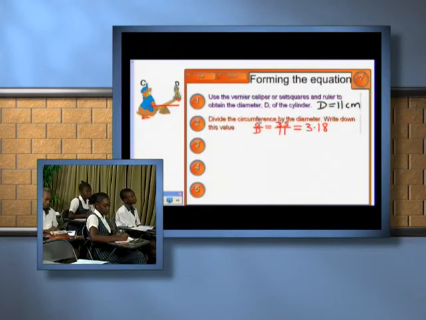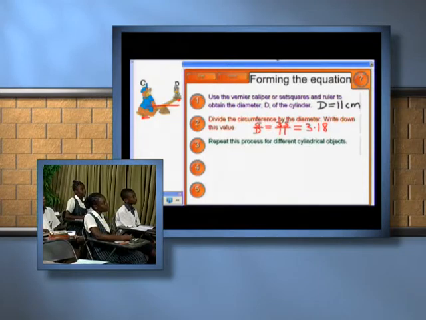Now, if we continue with all of these circular objects that we have here, there's an interesting property that we will find out. What is the next instruction there? Repeat this process for different cylindrical objects. And the next one is saying, denote this common ratio. Yes, this is what we will find out.